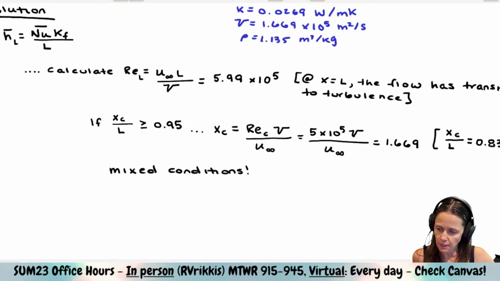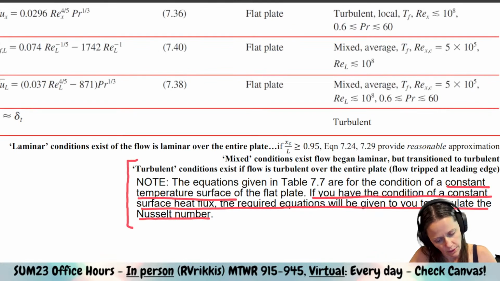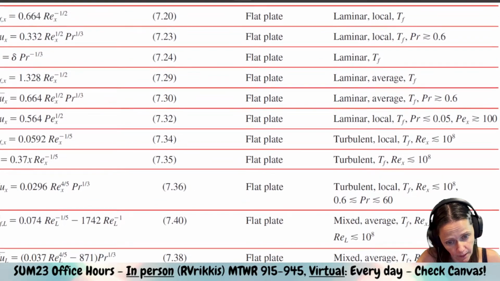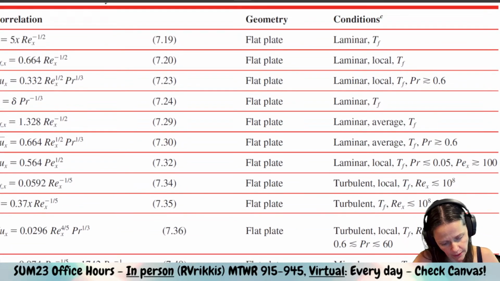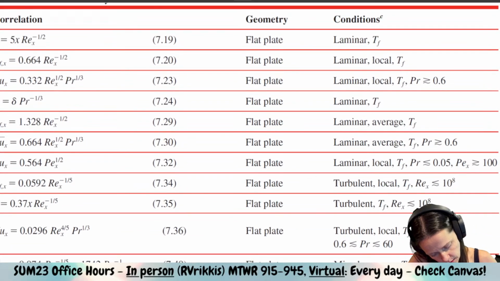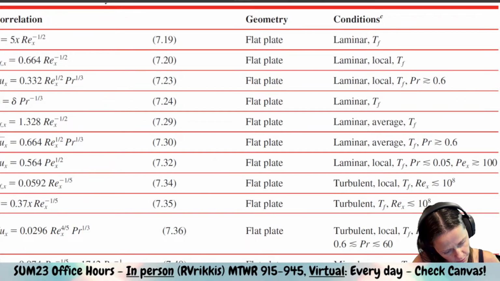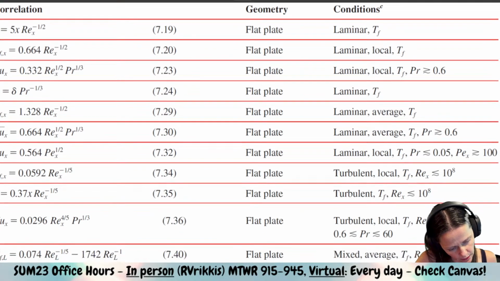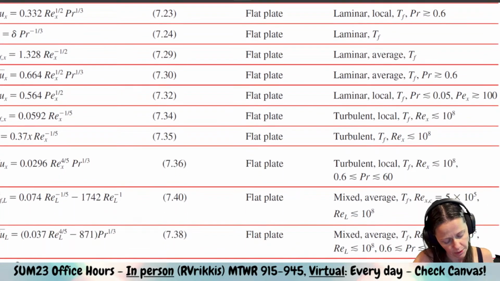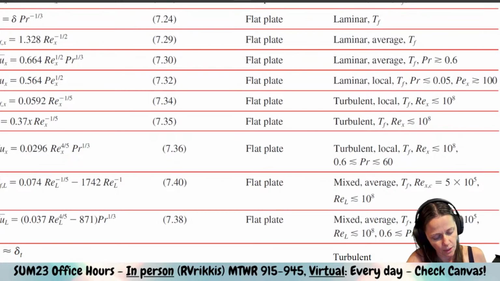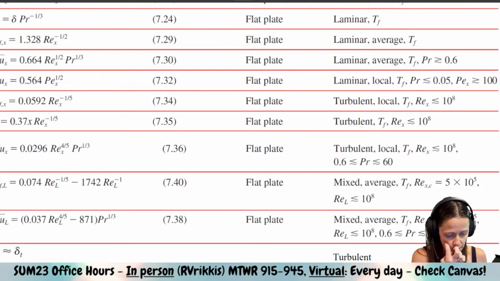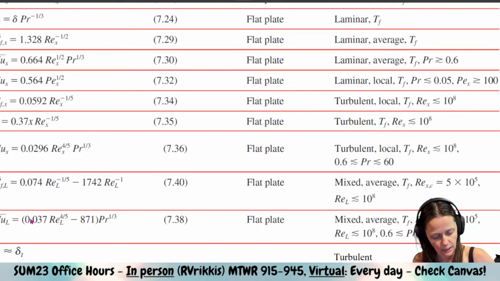So let me pull up our equation sheet. I need the mixed flow and I need an average. So it looks like it's going to be this 0.037 down here, at the very bottom.